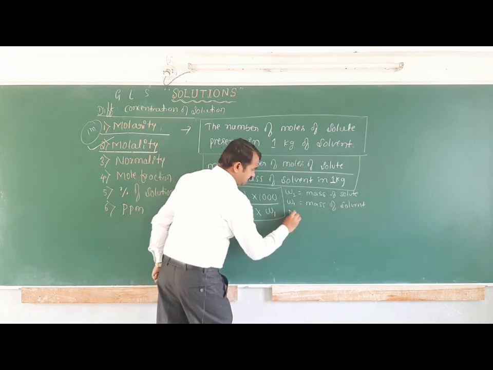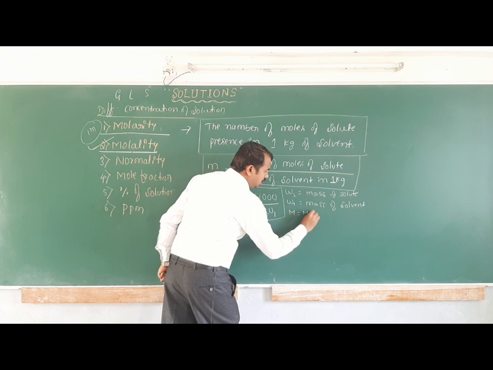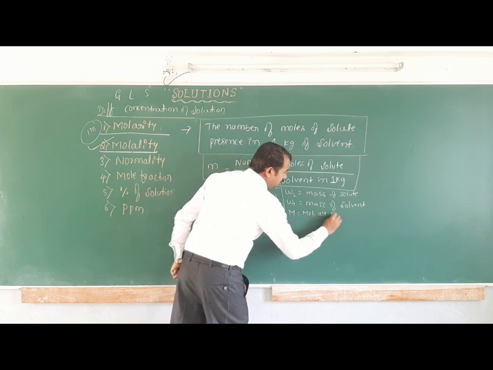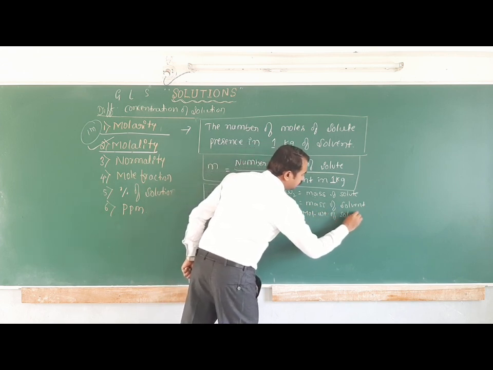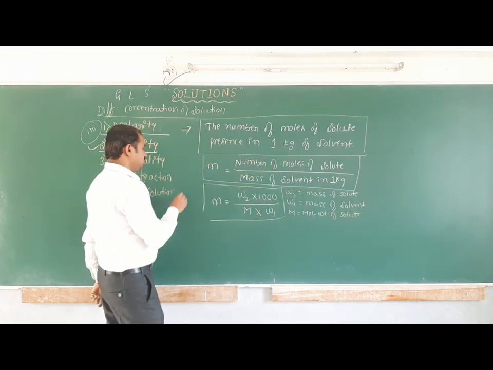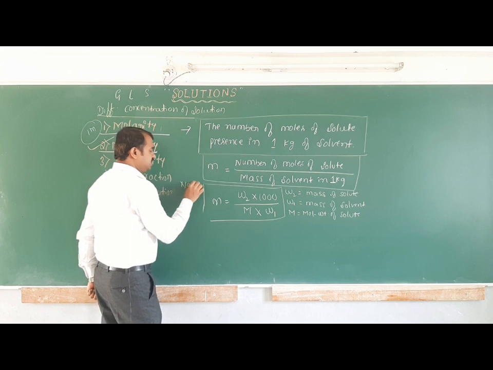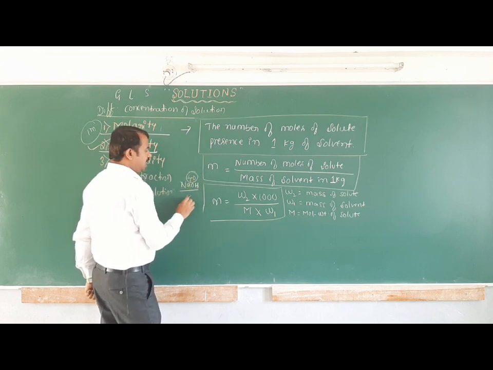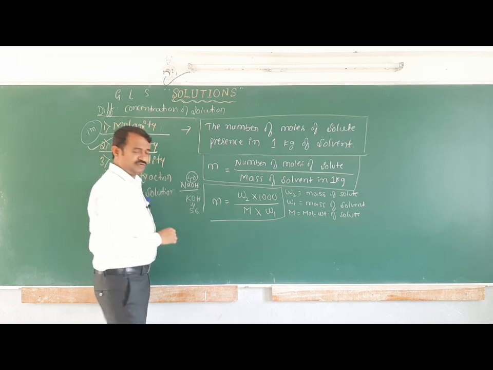M means molecular weight of solute. If it is sodium hydroxide, you have to write the molecular weight 40. Potassium hydroxide means the molecular weight 56.